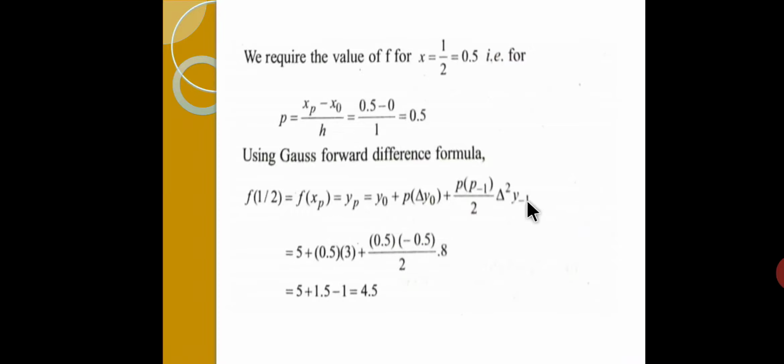We substitute the values from the difference table: 5 plus 0.5 into 3 plus 0.5 into minus 0.5 by 2 into 8. So we simplify this value and we get 4.5. So at x is equal to 1 by 2, the corresponding y value is 4.5.